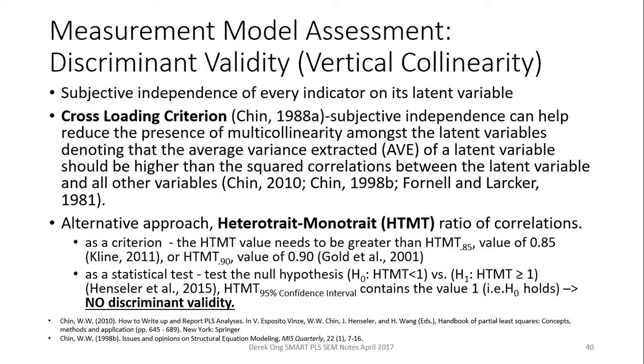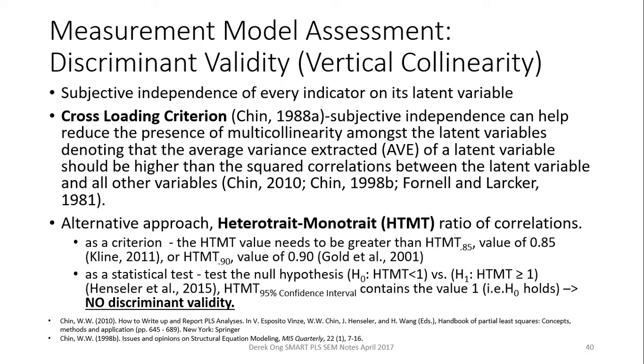Of course, the lower the value of the HTMT, the better, which means that if the null hypothesis tests lower values of 1, then it will be good. But if the HTMT has a value very close to 1 or a very high value, that means that there is no discriminant validity, and this is not good. Again, as I said, you can always look at the references as I mentioned here below, if you need to explain and refer when you're doing your writing.